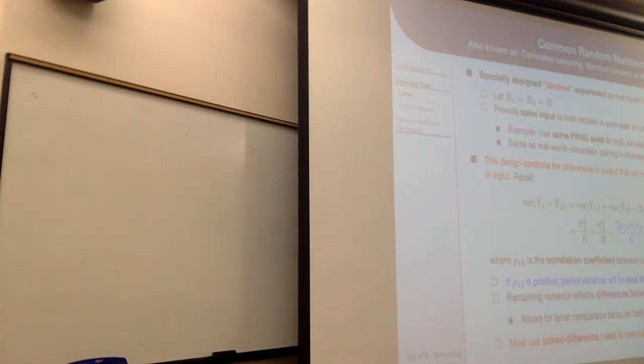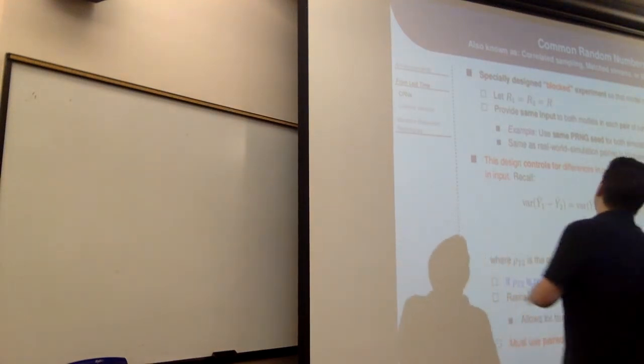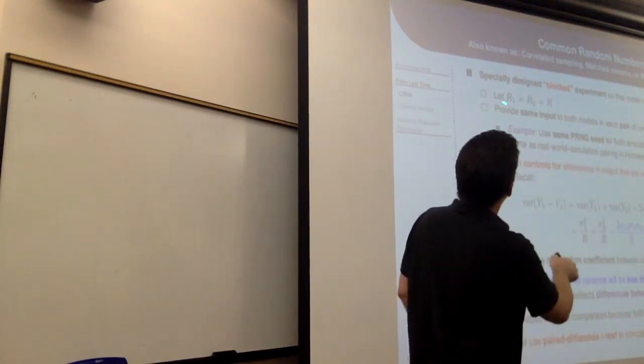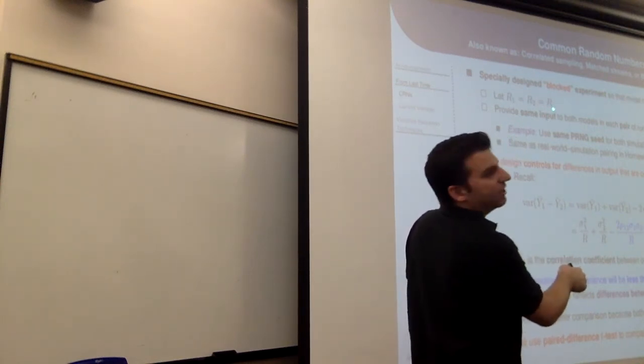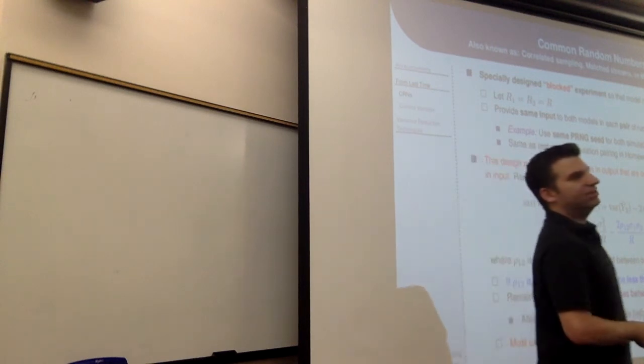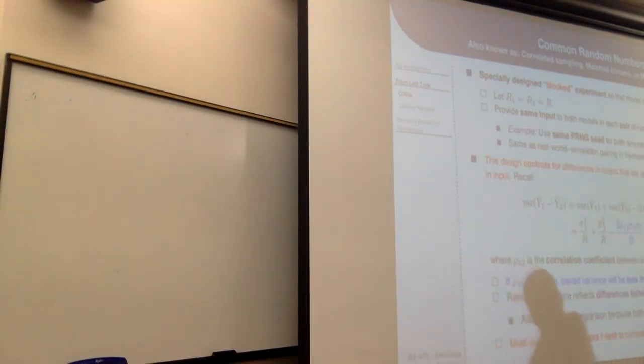So for common random numbers, we've seen this a couple of times this semester, and we're just formalizing it. The basic idea is I choose two simulation models, I run them with the same number of replications, and both simulation models use the same random number seeds for paired replications. Replication 1, they both use the same seed. Replication 2, they both use the same seed, and so on.